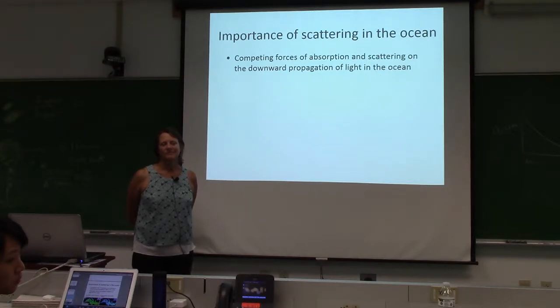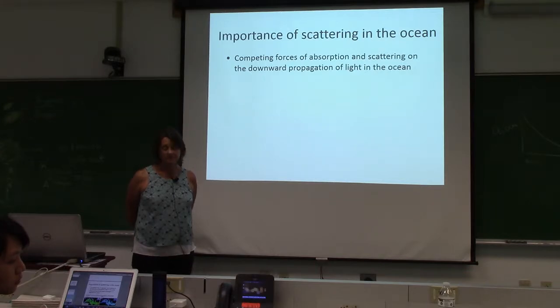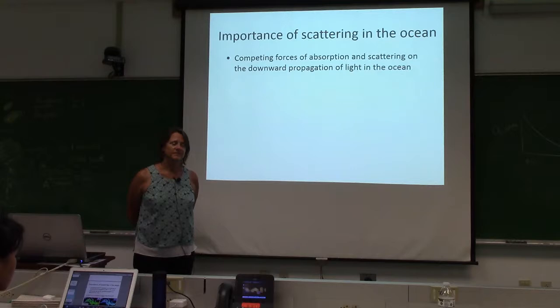And then it gets into the point of, well, it's things like particle shape and internal structure, because non-spherical particles generally have more backscattering than spherical particles for the same volume and index of refraction and all of that.